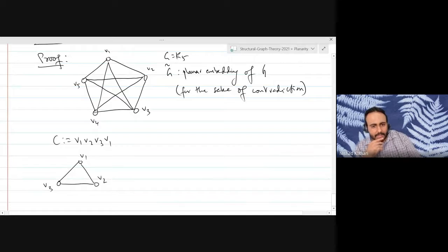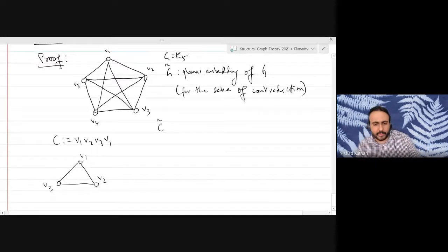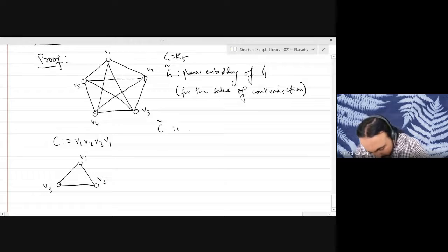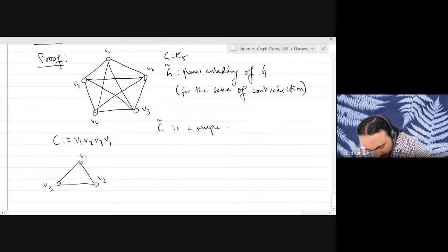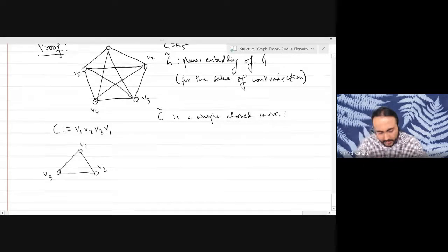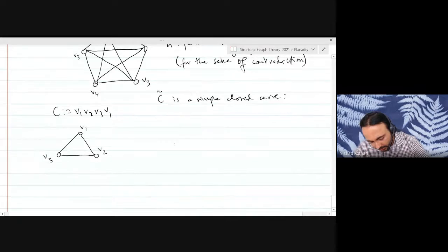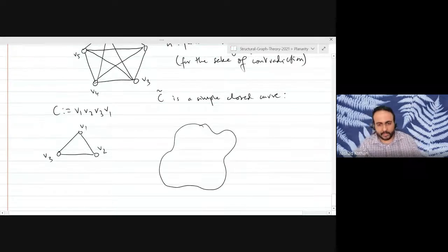Because it's a cycle, in the embedding the corresponding simple cycle will be a simple closed curve, right? So let me draw a simple closed curve, but let me draw it so that it doesn't look too complicated. Something like this, okay?